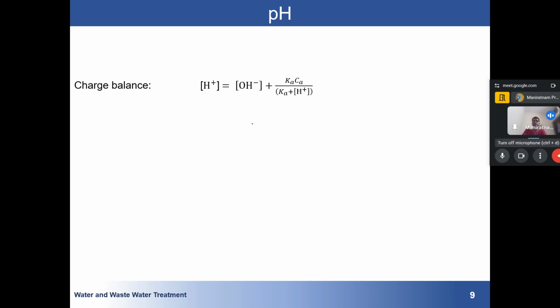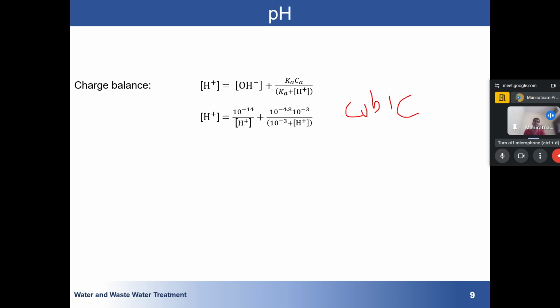So H+ is equal to OH- plus Ka Ca divided by Ka plus H+, and you can put all these values in. If you rearrange it, you will get a cubic equation, because this multiplies to form a quadratic and here it multiplies by H+. You have to use a calculator to solve it.